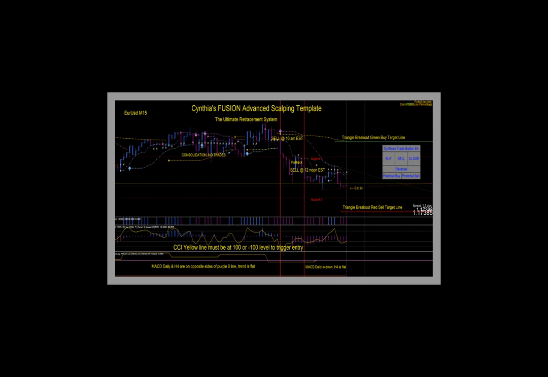And you'll learn more about how to scalp in more videos that you'll have access to. And the MACD in the very bottom window, you can see that when the yellow line and the orange line are straddling the purple zero line, it's a flat trend area. There's no real clear trend.